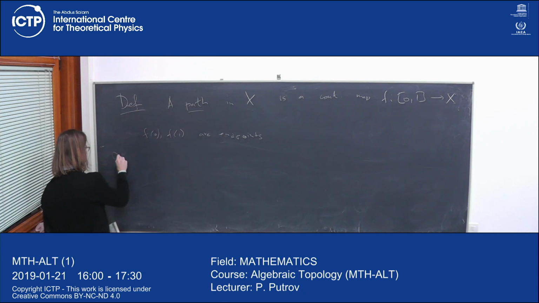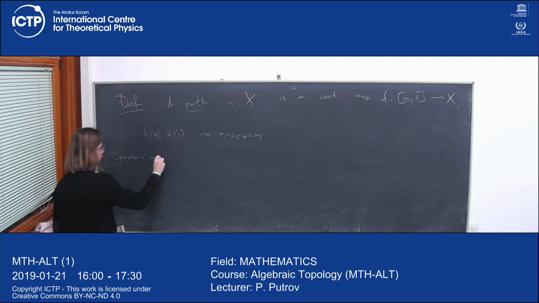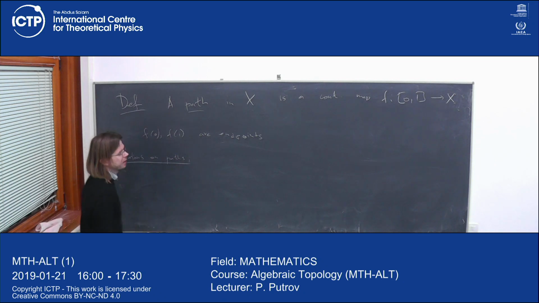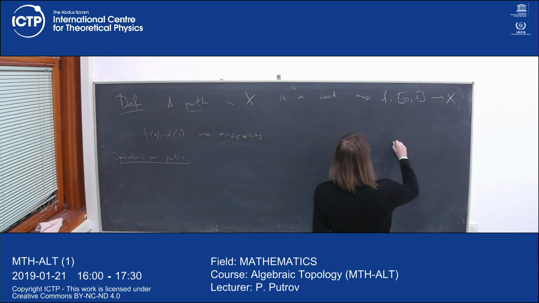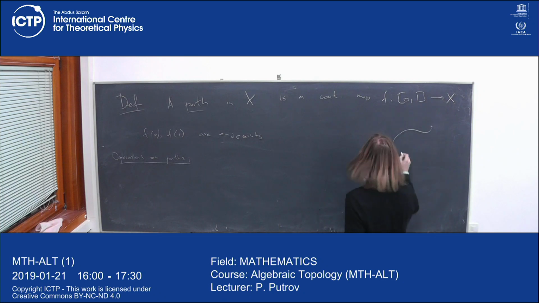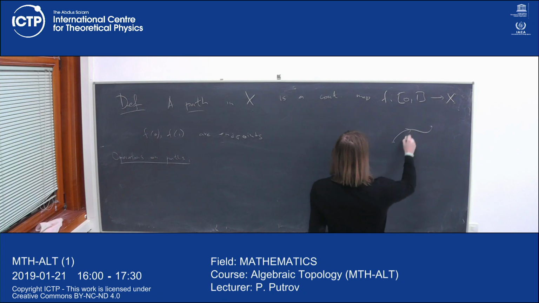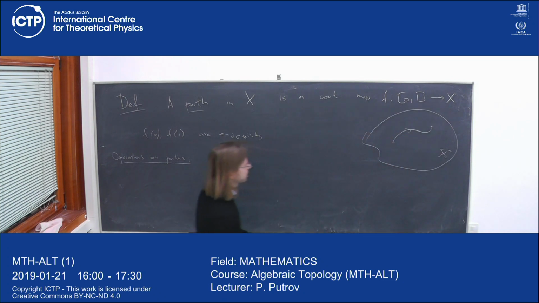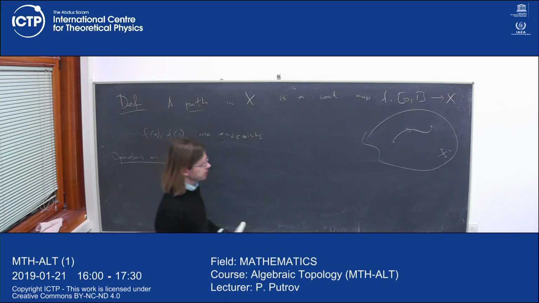So now we are interested in the following operations on paths. Of course you can visualize this as a topological space X and realize a path as some sort of trajectory.